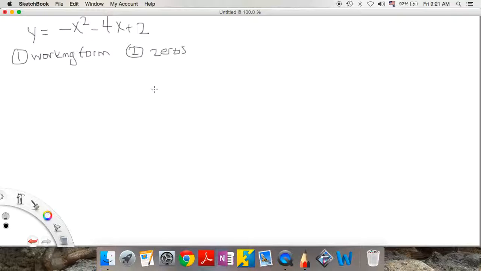Once we've done those two things, then we'll be able to graph it. So let's start with putting it in standard working form. We've got y equals negative x squared minus 4x plus 2. So first we factor out the coefficient.